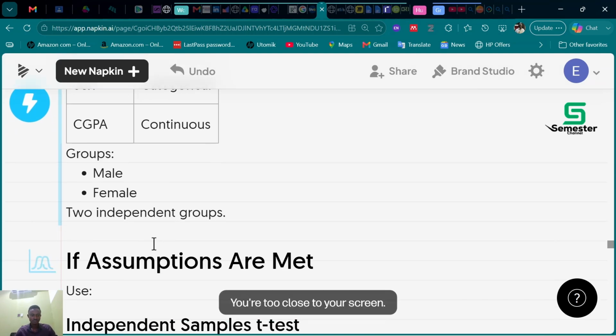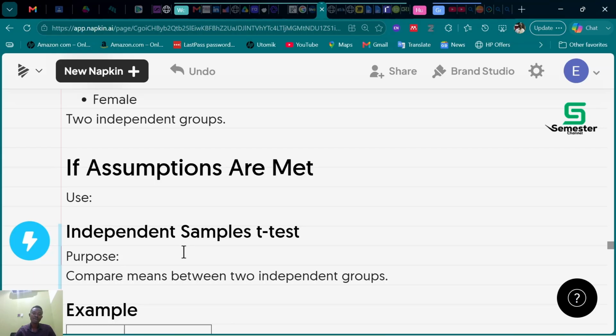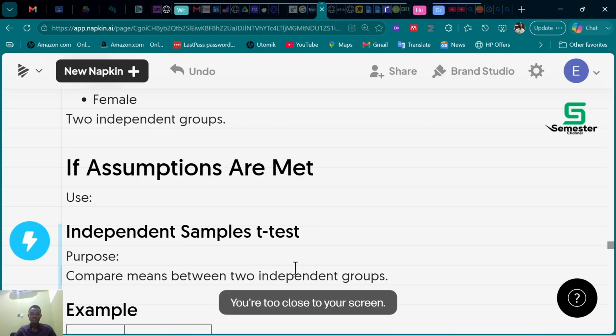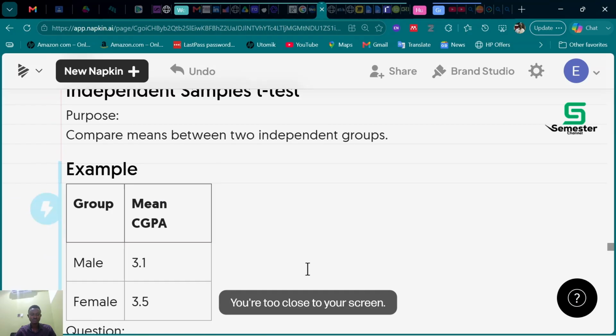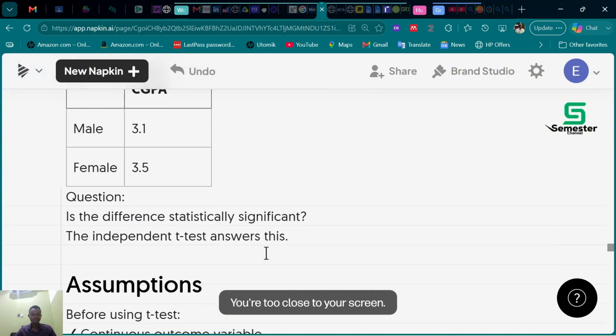So if assumptions are met, then you are looking at 2 independent groups, and you are going to perform an independent sample t-test. The purpose is to compare means between two independent groups.